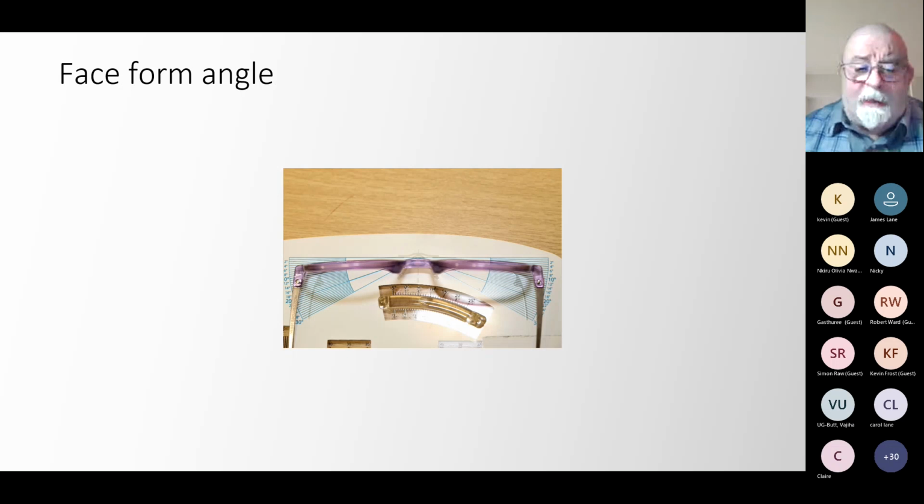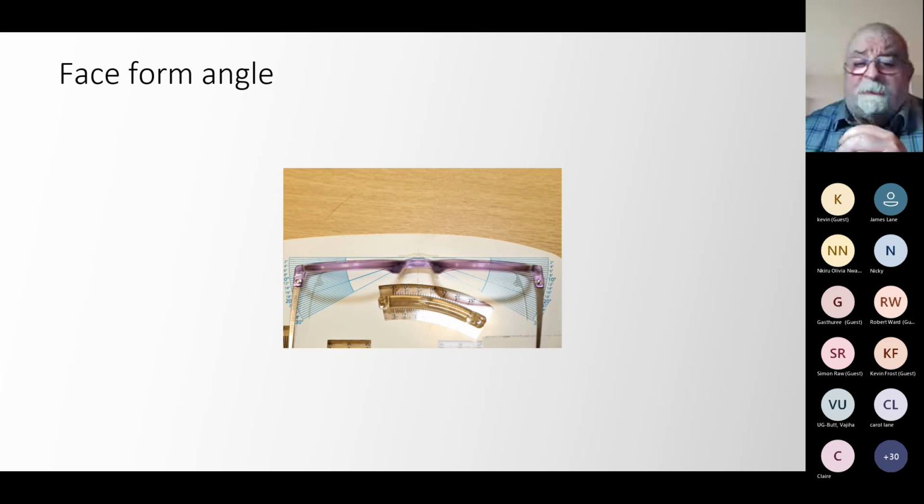They call it their dihedral angle rule. The word dihedral, I've got to be honest, is one that's made up. It's not a British standard or European norm term. It's not even an ISO term. The ISO, EN and BS all have this called the face form angle.